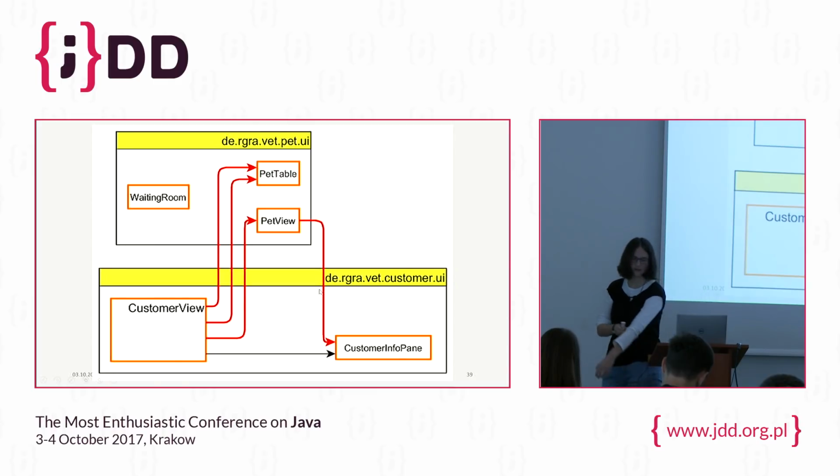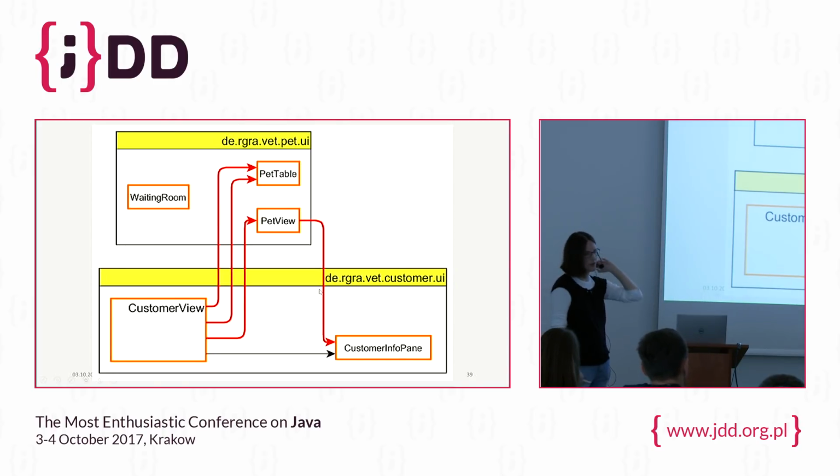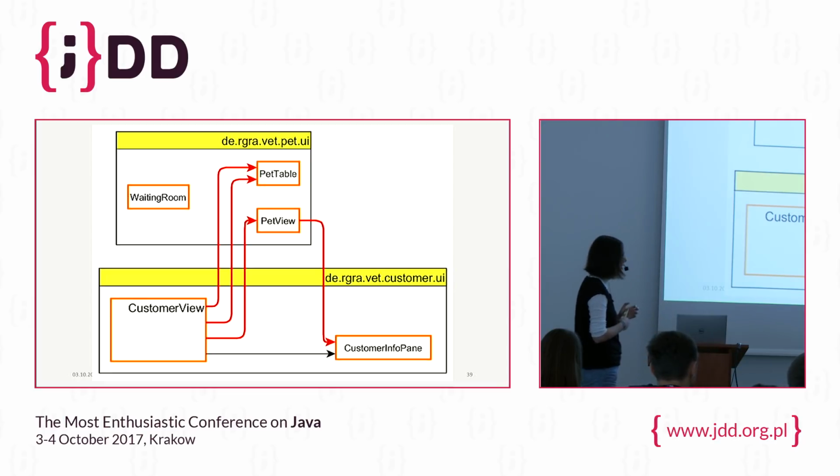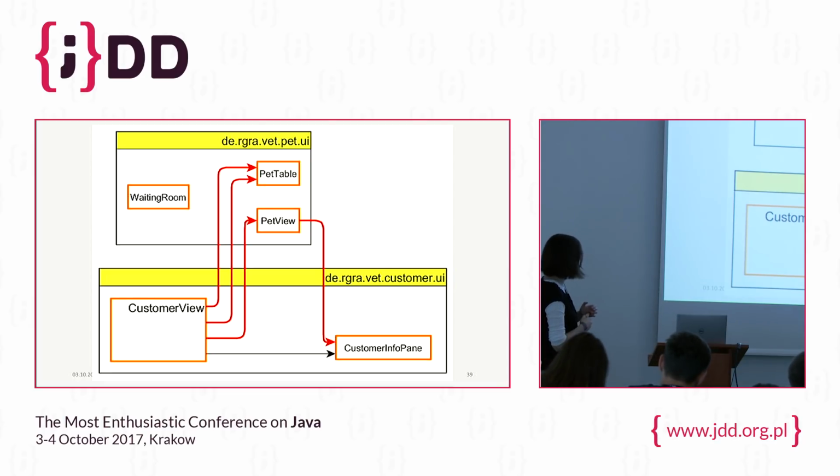Let's move on. So another problem we have is that we have a dependency not only from the visit DAO to the pet. We also have a dependency from the customer view, because it displays the pet a customer has.